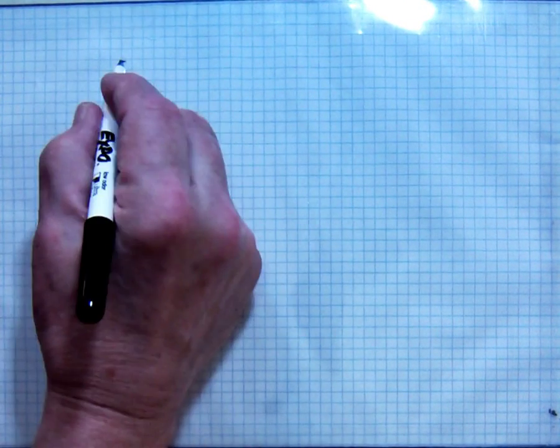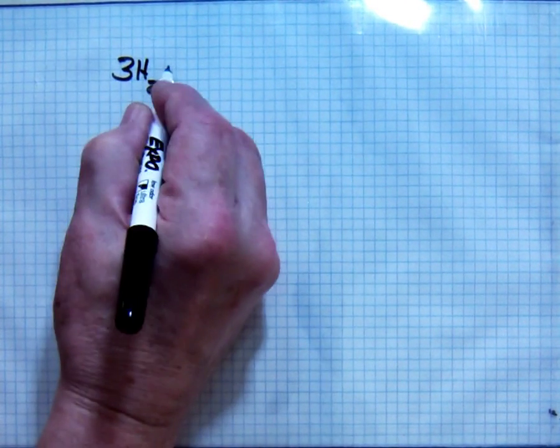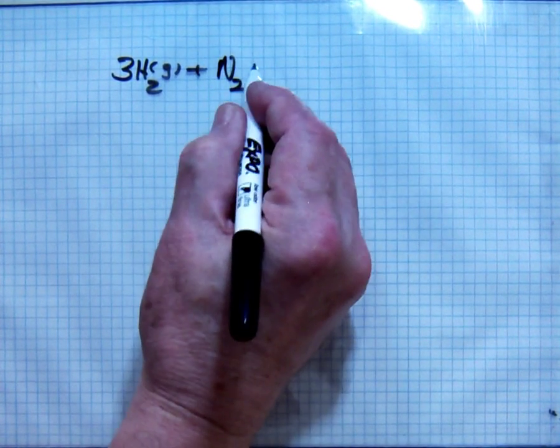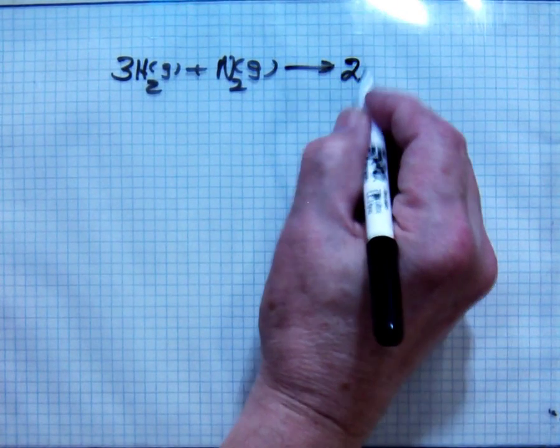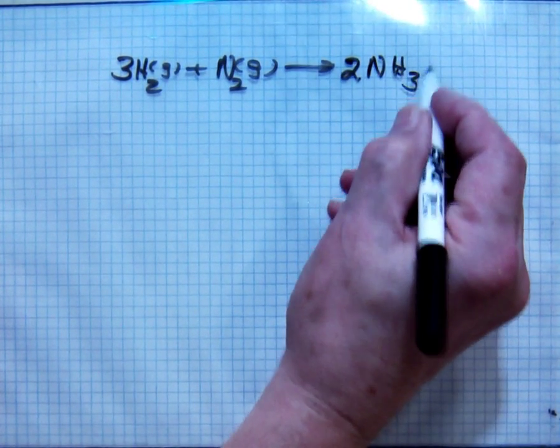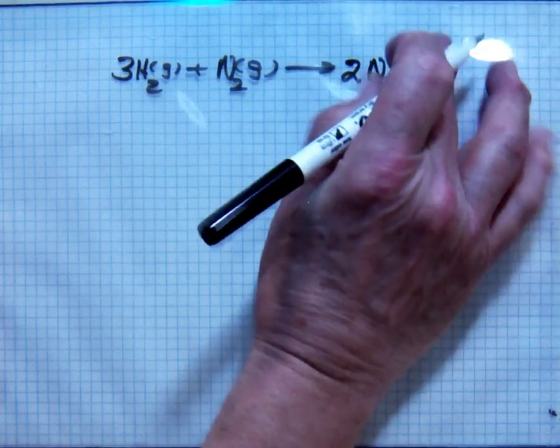Let me move this over a little bit. 3H2 as a gas plus N2 as a gas goes to 2NH3 as a gas.